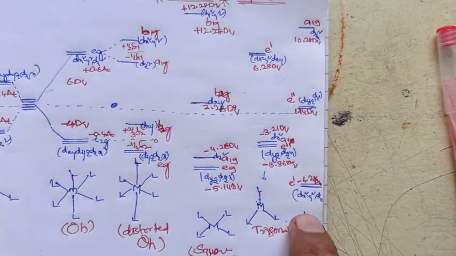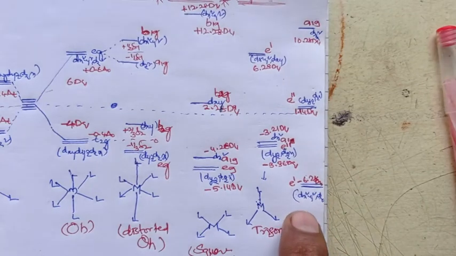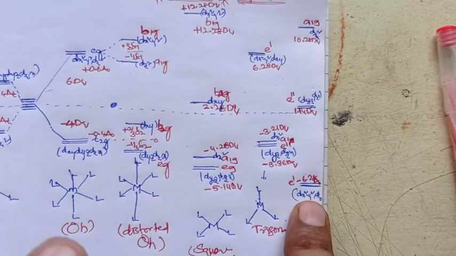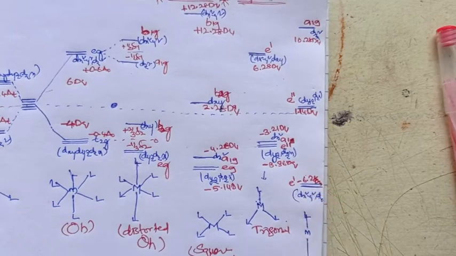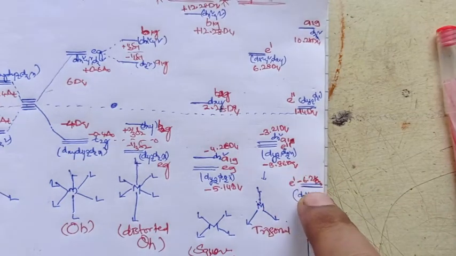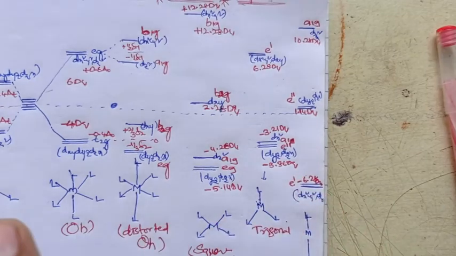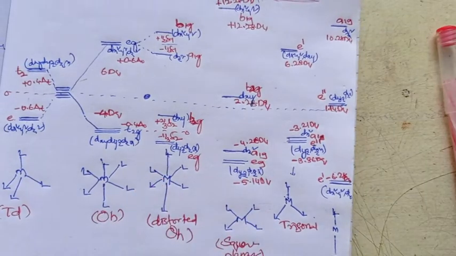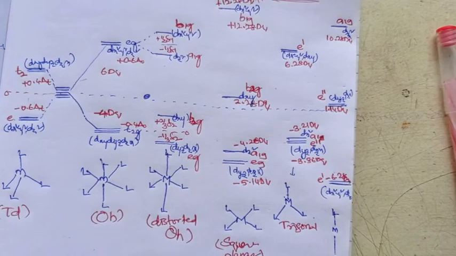The left two orbitals, dx square minus y square and dxy, lower their energy because of no interaction with the two linear ligands, so they reach the lowest energy state, E bar, with energy minus 6.28 Dq. So that's how all six types of splitting patterns in metal complexes and their comparative statement can be recorded like this.